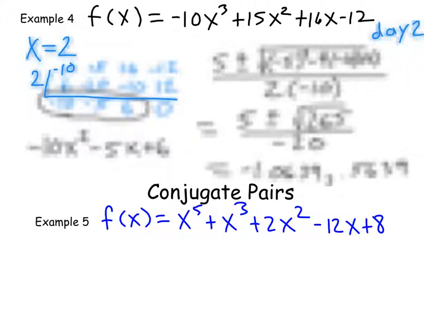We have negative 10, 15, here's 16, and negative 12. Numbers are a little bit bigger here, but still the same process.